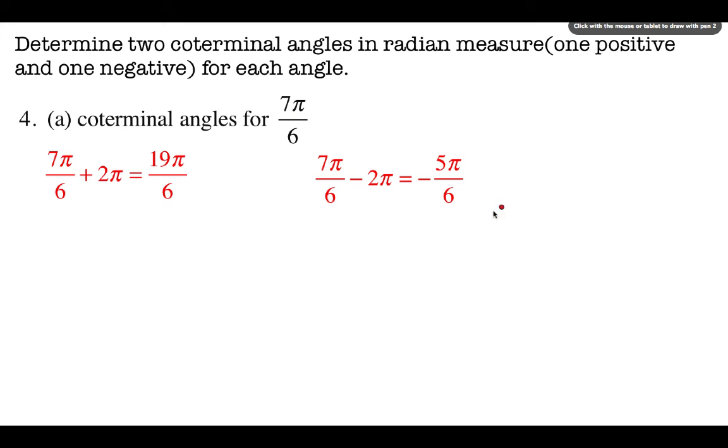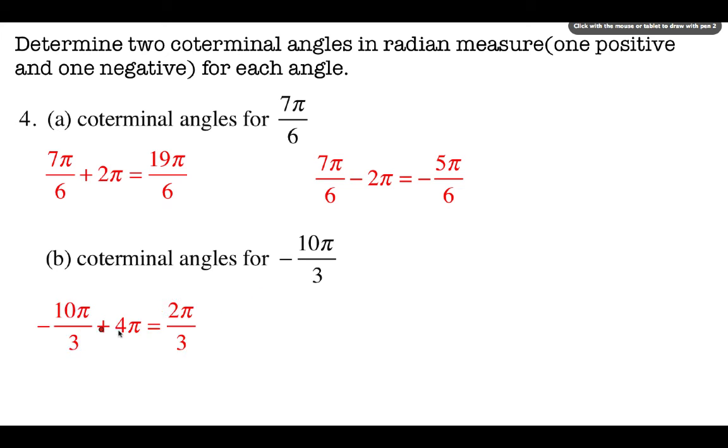1 positive, 1 negative. Part B, coterminal angles to negative 10 pi over 3. Let's start out with the positive one. In this case, if I add 2 pi, I'm still going to end up with a negative angle, so that's why I need to add one more revolution.